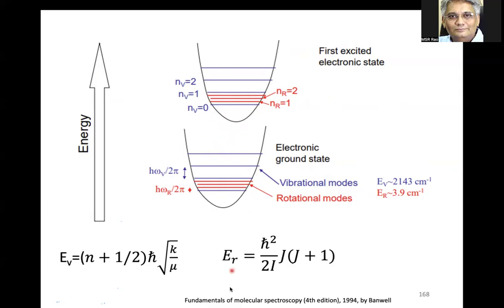But the vibrational and rotational energy spectra, that's the reason why we use high wavelength, low energy sources, like infrared spectroscopy. So your E nu is equal to (n plus half) h cross times root of k by mu, and E_R is h cross squared by 2I, J into J plus 1.